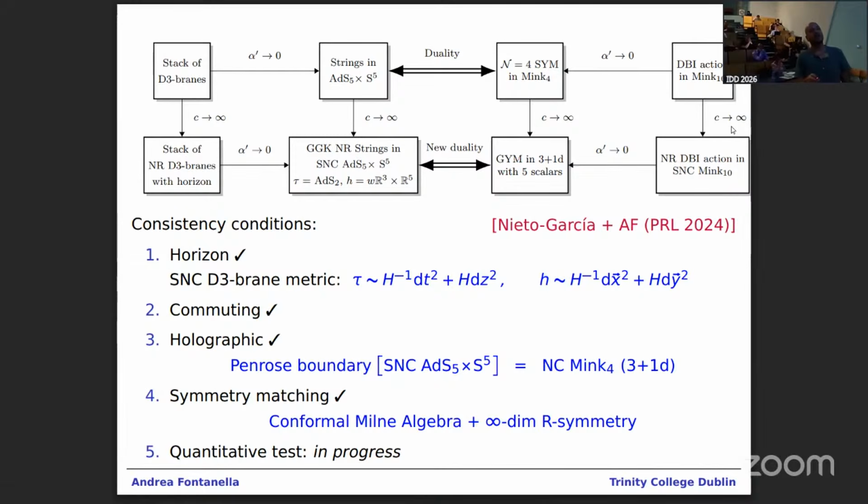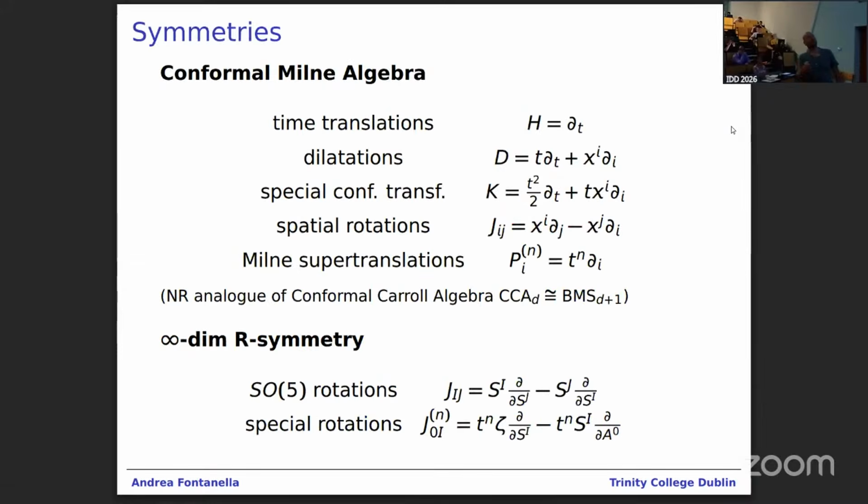In particular, the symmetry is the conformal Milne algebra with an infinite dimensional R symmetry, which I'm going to comment on in the next slide. And regarding the quantitative test, that's still in progress, but I will give you some details of what we have so far. Regarding the symmetries, I just comment because maybe you're not used to those kinds of symmetries. This is the conformal Milne algebra. You have a time translation, dilatation, and special conformal transformation, H, D, and K, which form an SL(2,R) subalgebra, which is quite intuitive because it's the isometry of the AdS2 tau metric.